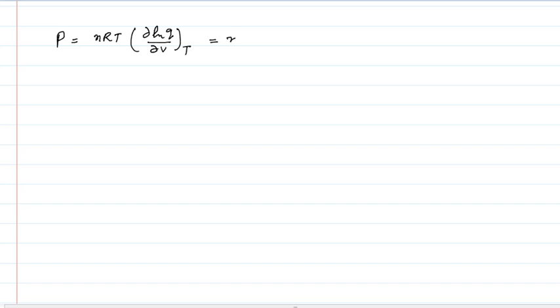So we can introduce the value here: nRT dou by dou V of ln of (2 pi m kT upon h square) whole power 3 by 2 into volume, at constant temperature.